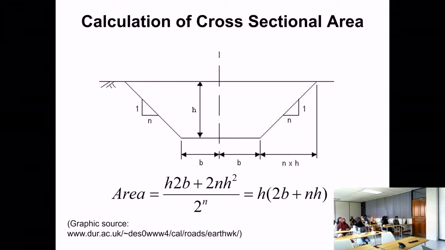What is b? That depends on the width of your road. What is the road width? Standard national highway is 3.5 for 1 lane. 2 lanes, 7. 4 lanes, 3.5 multiplied by 4, plus roadside, another 3 meters. So at least this one is 3.5, 3.5, 7 meter. So b equals 3.5. That is 1b, right?